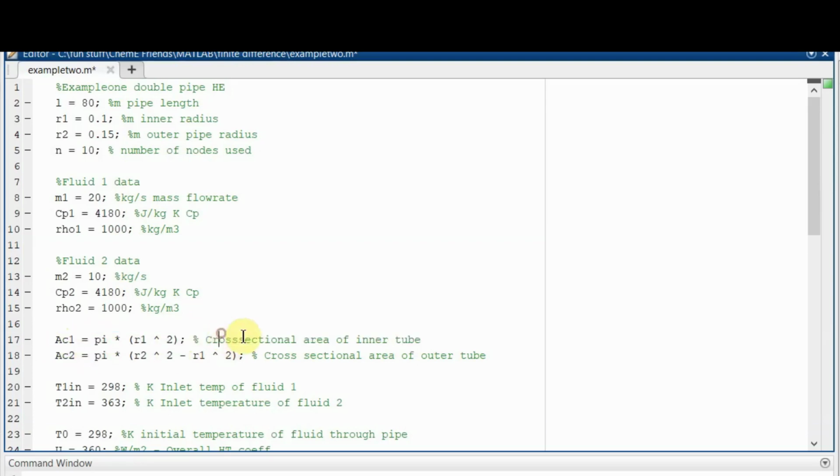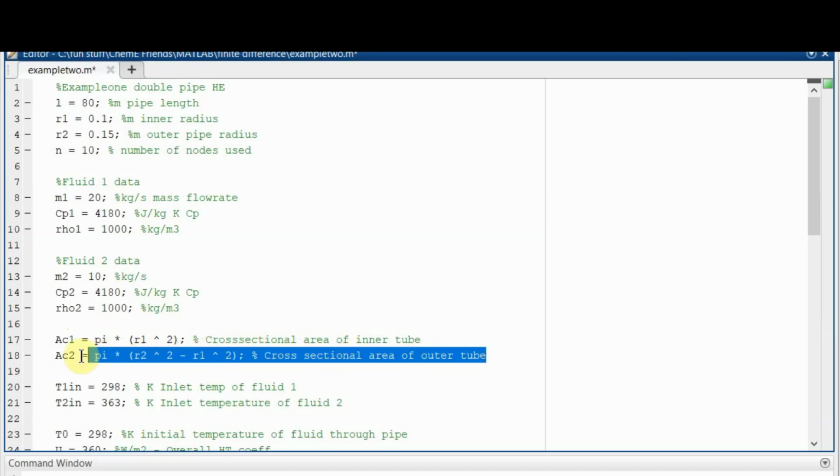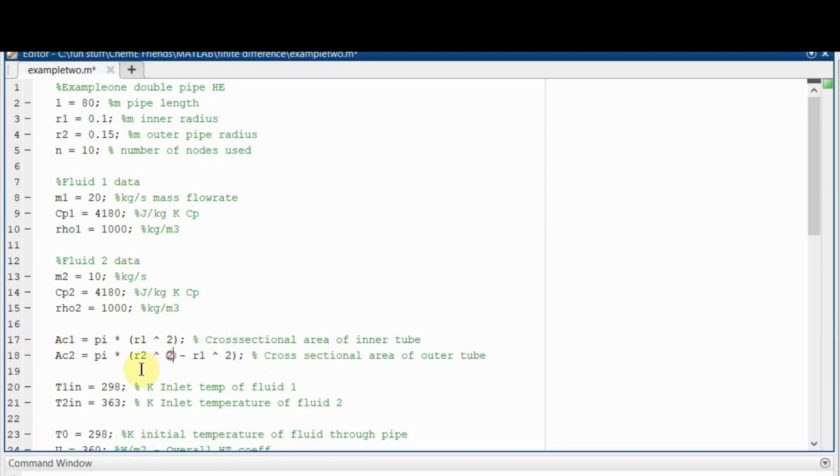This is done in order to find the mass within the area of interest, which is node number I. And we have a cross sectional area of the outer tube, which is the annulus, because we are subtracting this R1 square because we want to find the total volume of the outer cylinder minus the volume of the inner cylinder, which gives us an annulus shape, right?